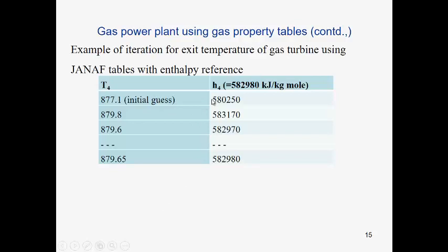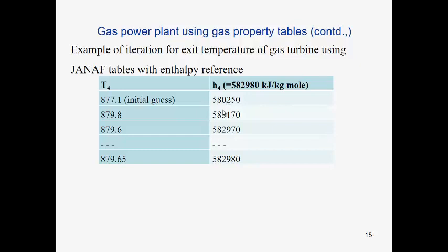Again, iteration is started to find the temperature T4 from H4. This is the value of the given H4. By initial substitution of this temperature, we got a different value of enthalpy.